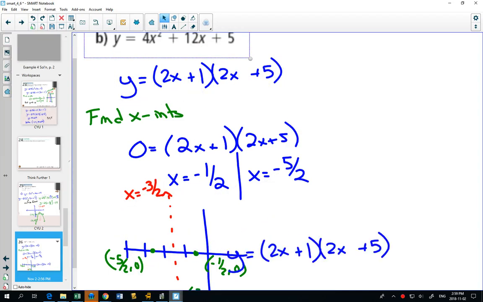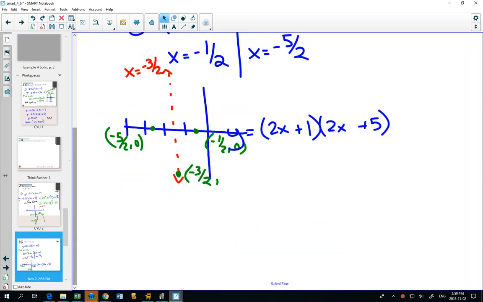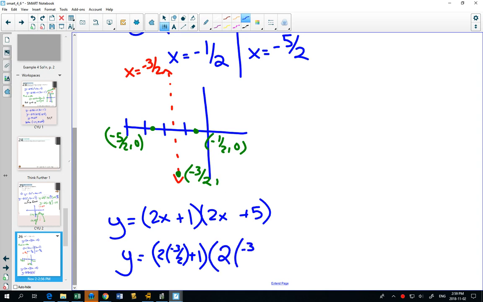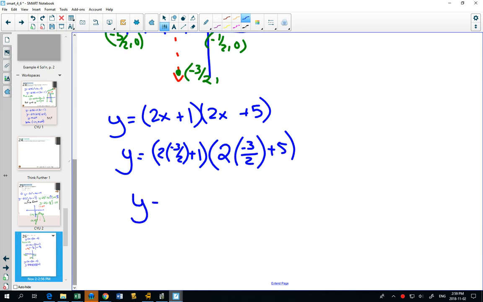If I plug in -3/2, 2 times -3/2 plus 1, and here 2 times -3/2 plus 5, this is going to be -2.